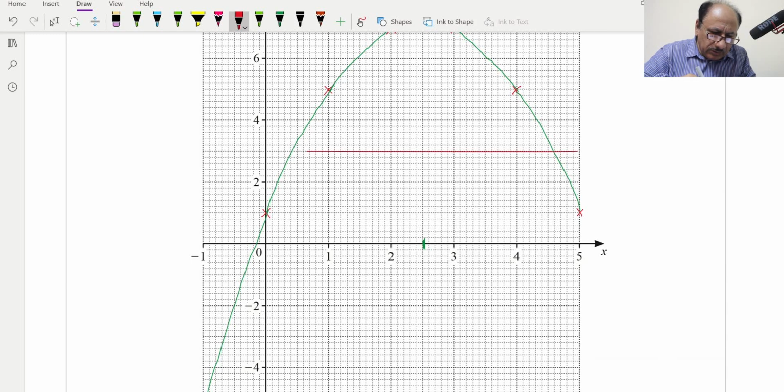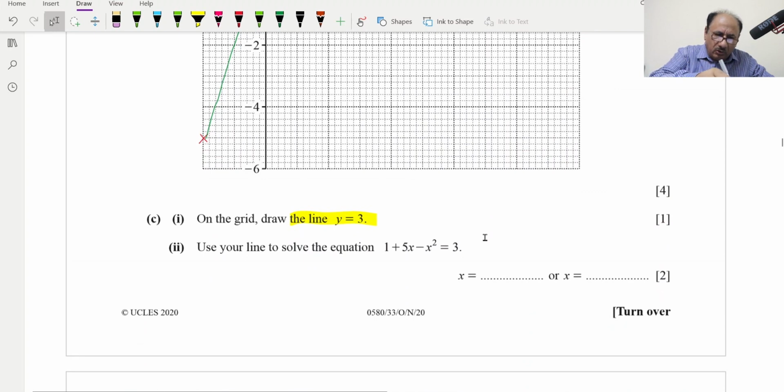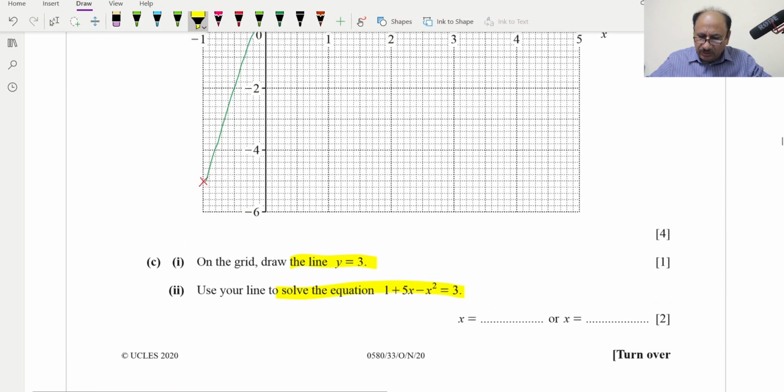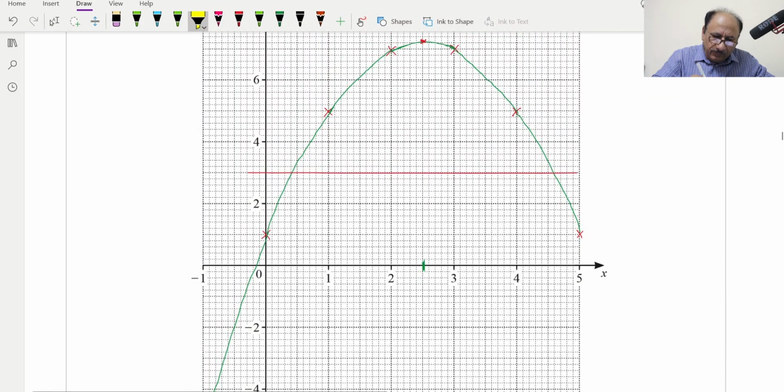So we can draw this line, y is equal to 3, and the points of intersection, use your line to solve the equation. For the y is equal to 3 line, we will be checking the points of intersection, and one point of intersection will be this one, and the second will be this one. So we can check from here, we can check the reference.